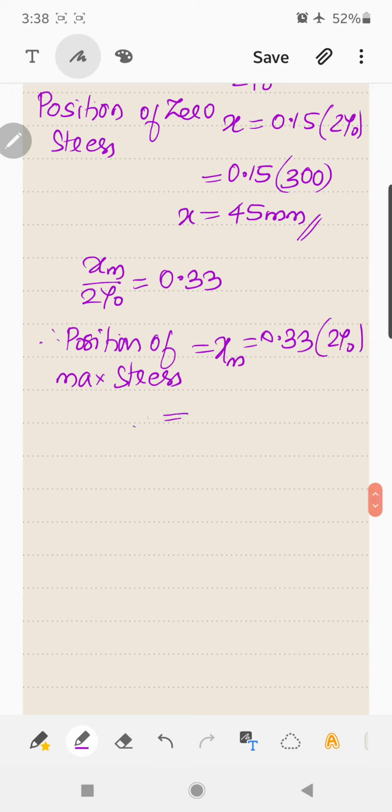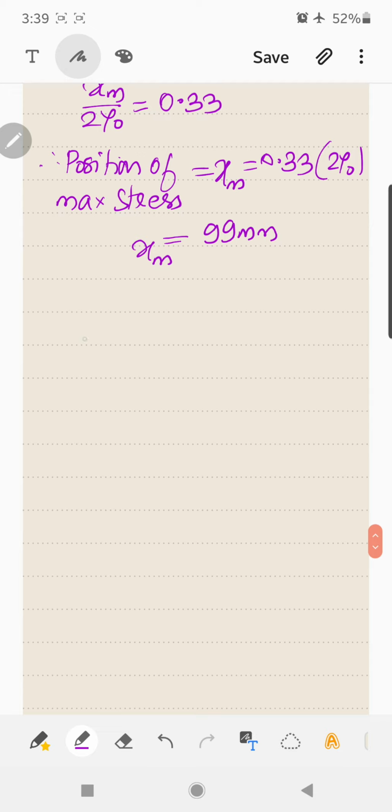So xm you will get as 99 mm. In the Magnus method we assumed the maximum value at x equal to 0.5 times h, correct? Now the value of the distance is directly 99 mm here.